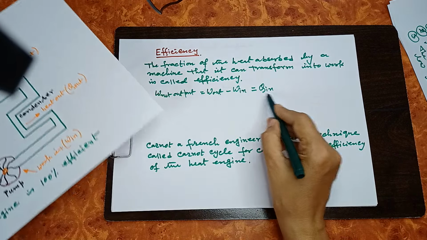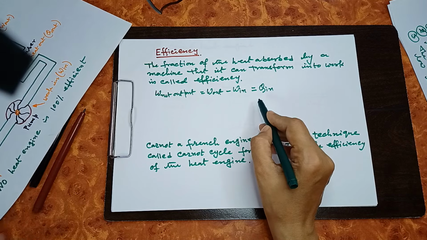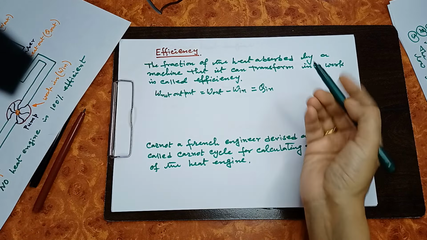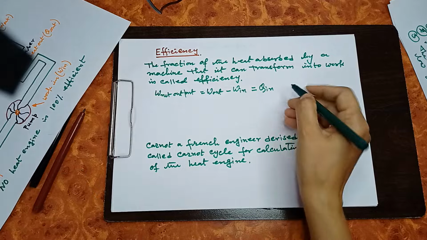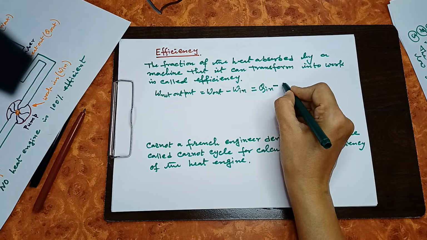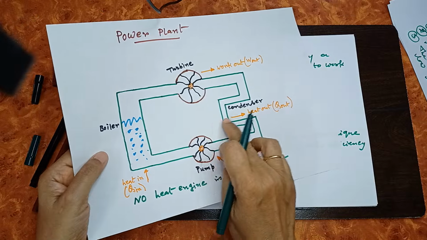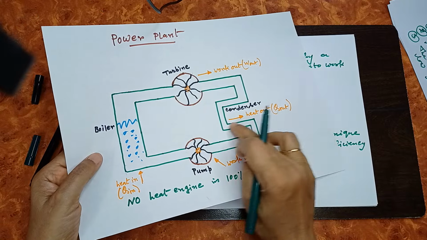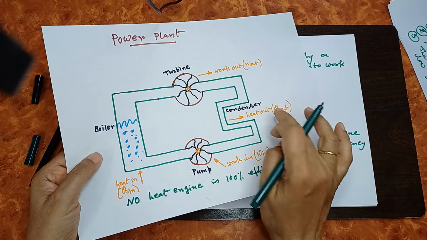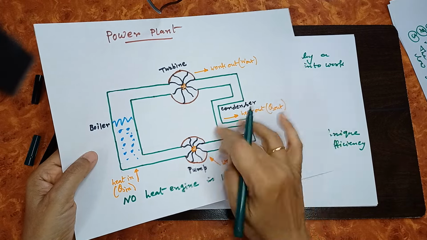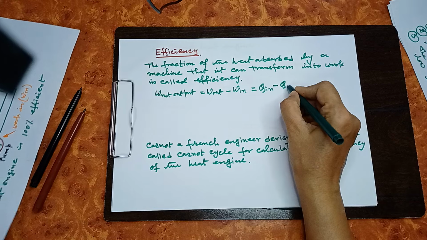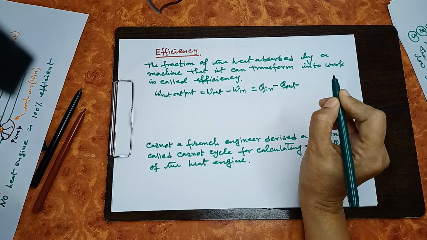So we can write it as heat Q in, that is heat transmitted to the engine, here it is the boiler, minus Q out, how much heat it has released to the low temperature sink, say here it is the atmosphere. So here it is Q out.